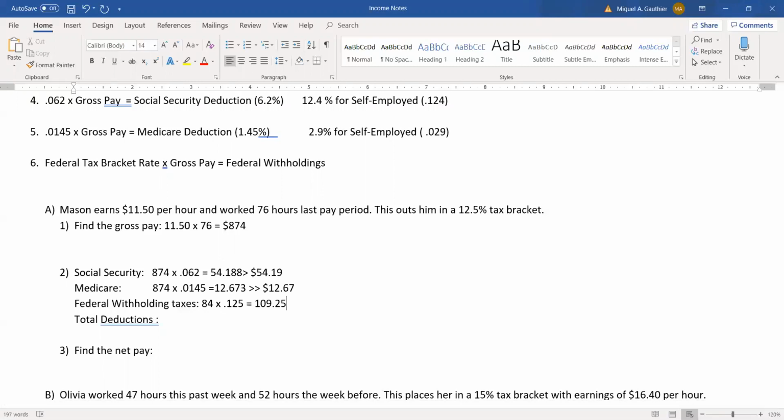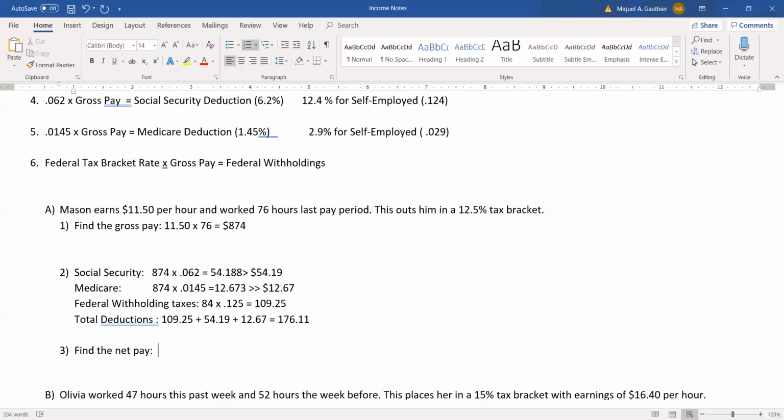$109.25. So if we add those total deductions together, 109.25 plus 54.19 plus 12.67, that gives us $176.11 total deduction.